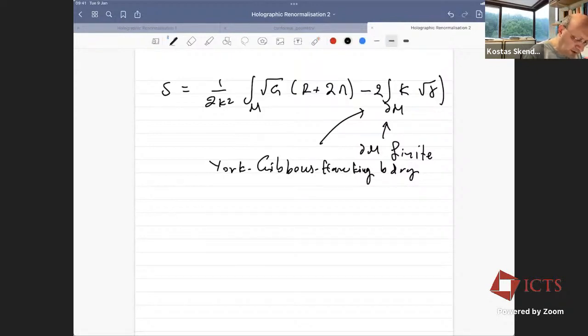Now, so you want this on shell. So now I'm going to parameterize this on shell, as follows.